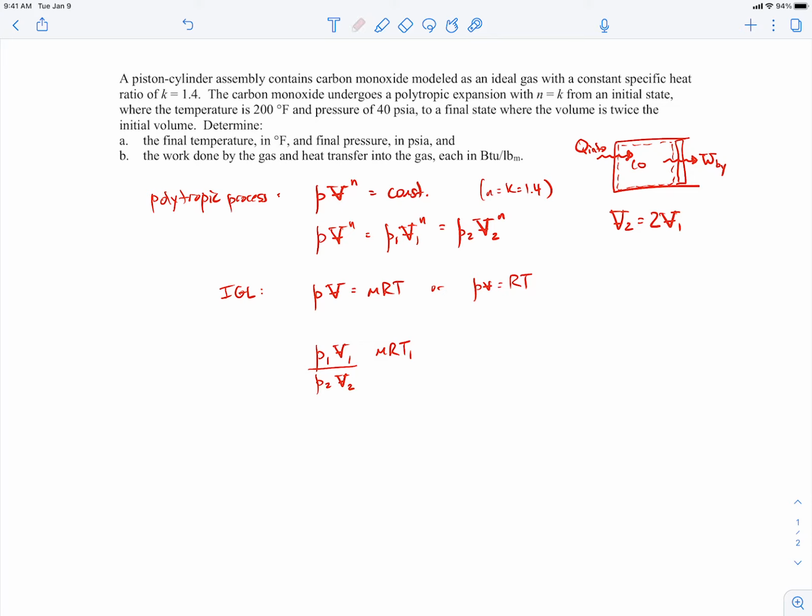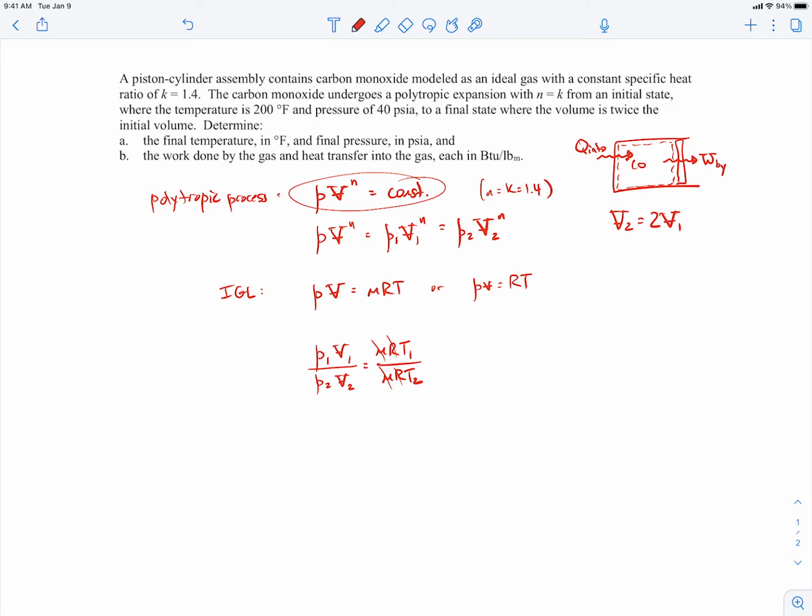Move the equal sign around here. Okay, so you'll see the reason I'm doing this is because I'm just trying to get rid of the gas constant and the mass. So you'll see the mass remains constant in this process. Gas constant, of course, is a constant, so I have that. And then I'm going to also make use of this polytropic process expression as well, and just substitute that in for the pressure down here.